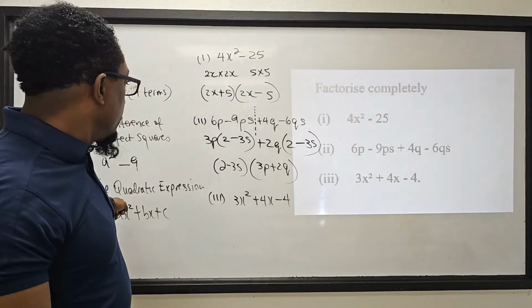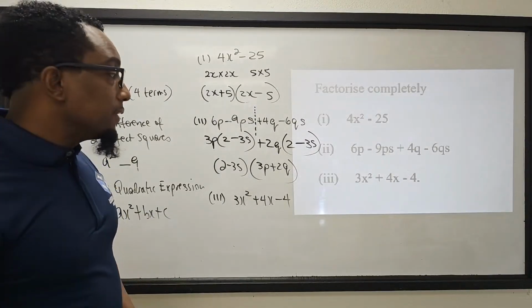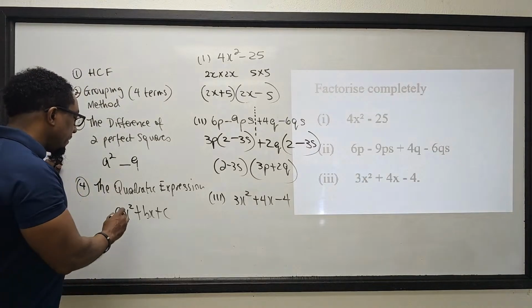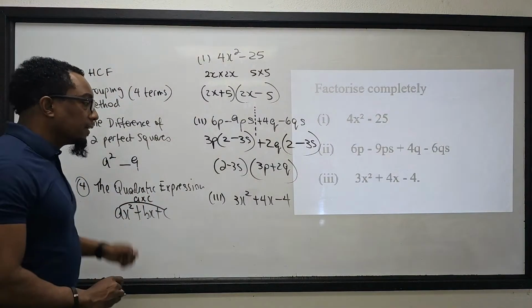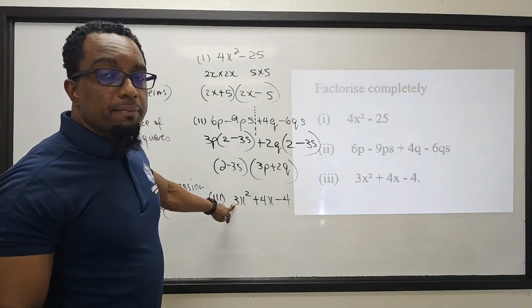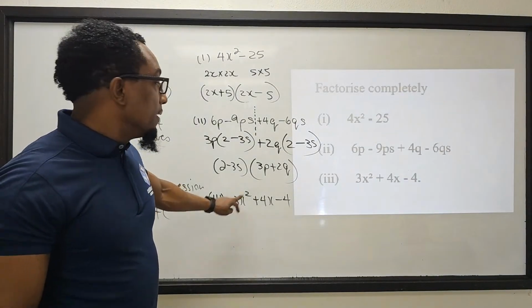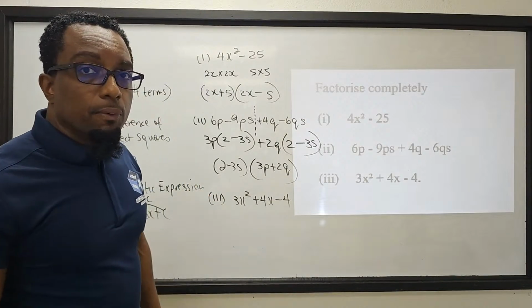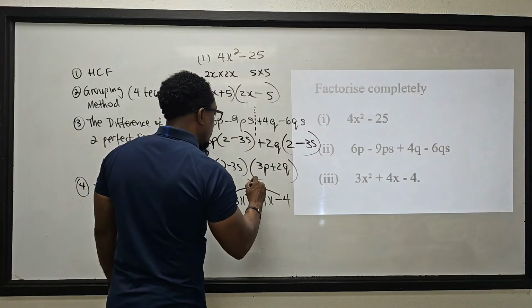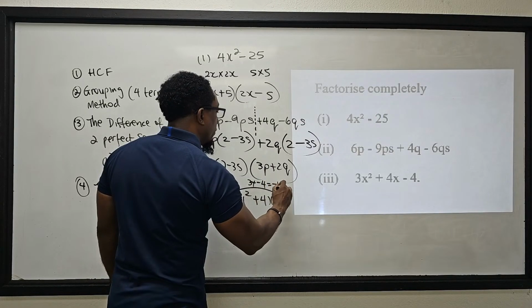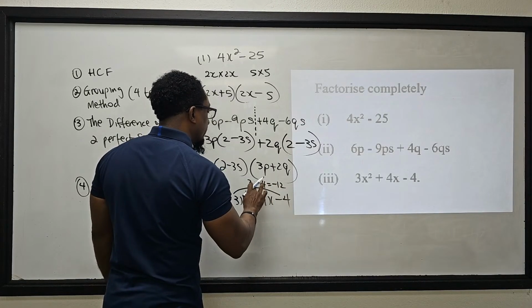So I'm using the quadratic expression, and how do I start? I'm going to multiply A by C. A in this case is the number in front of x squared, which is 3. C is negative 4. So I'm going to multiply 3 times negative 4, which is negative 12.